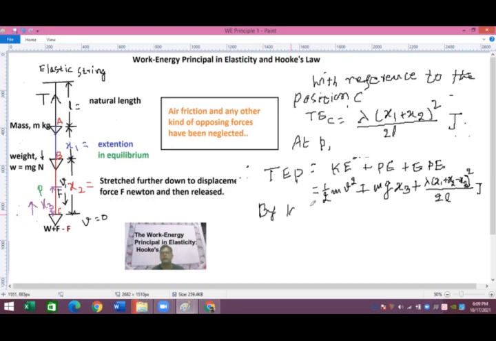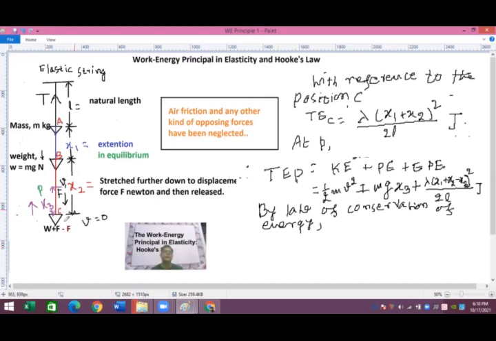Alright, and now you know that by the law of conservation of energy, the energy is conserved, that means energy can neither be created nor destroyed.